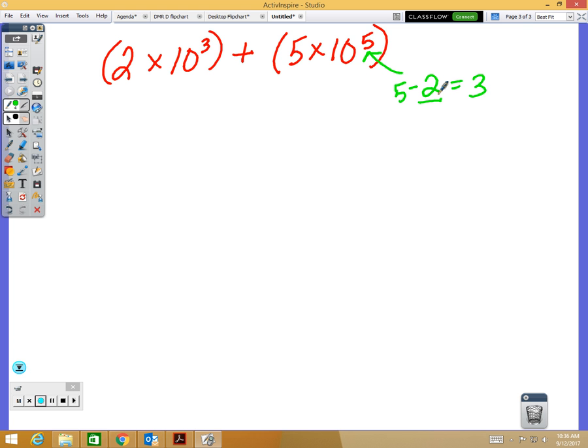That means I'm going to move the decimal 2 places. Move decimal 2 places. And I'm moving my decimal to the right.